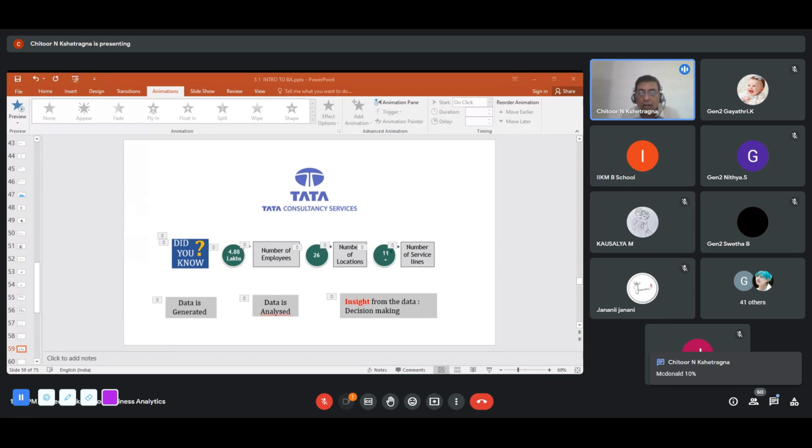Now the question is, how would you use analytics? How would Google Pay use analytics? Can somebody give a response? Sri Shakti or Akshaya, anyone? I want others also to contribute. Don't worry, there's nothing like right or wrong. I want to find a business analytics problem. What could that business analytics problem be?